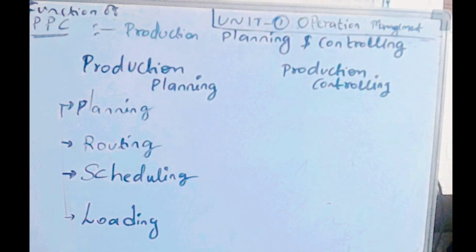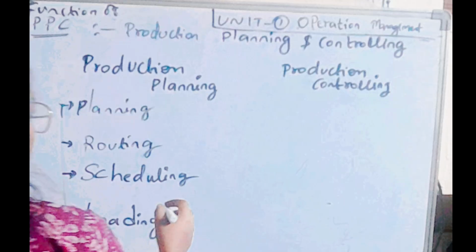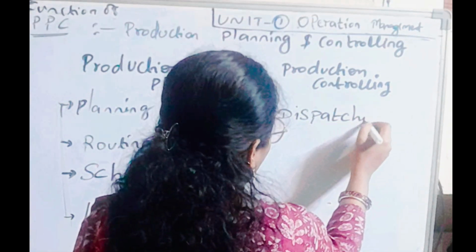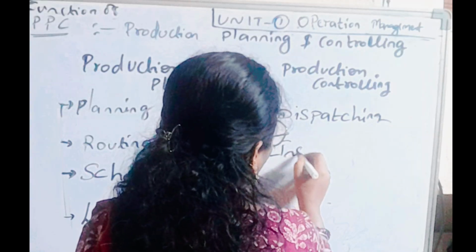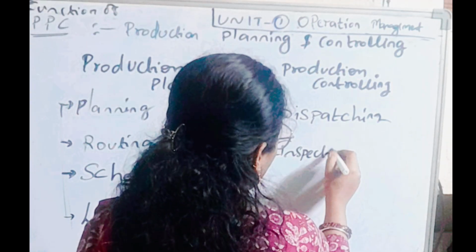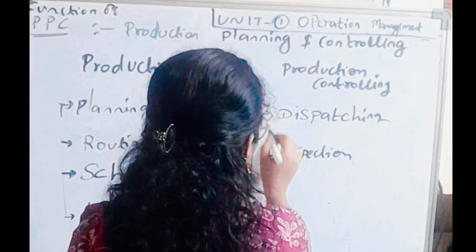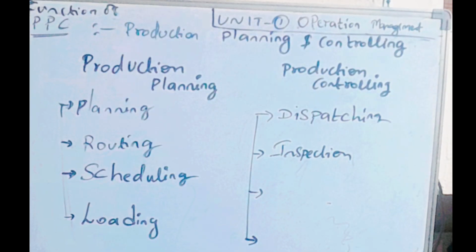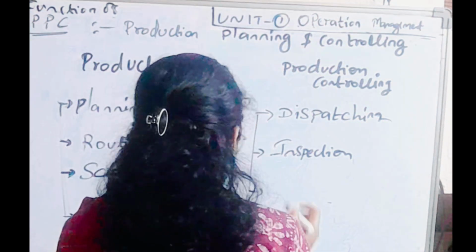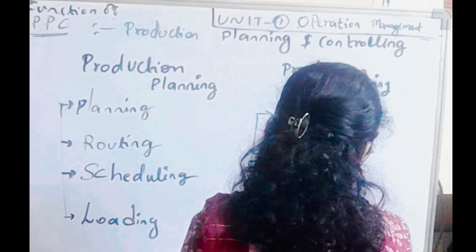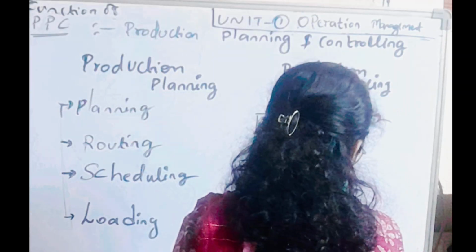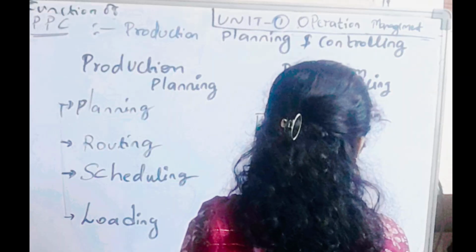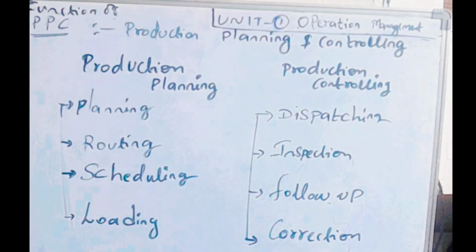These take place here, and after that, in production controlling, come dispatching, inspection, follow up and correction.